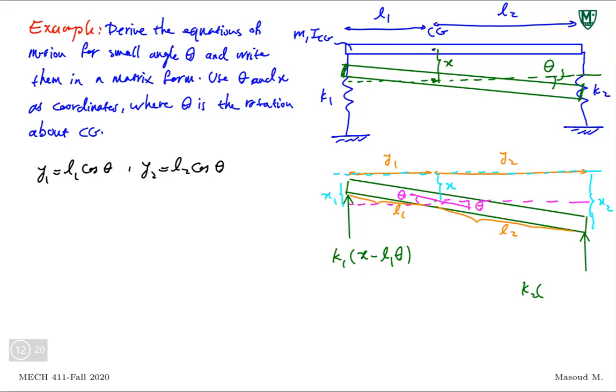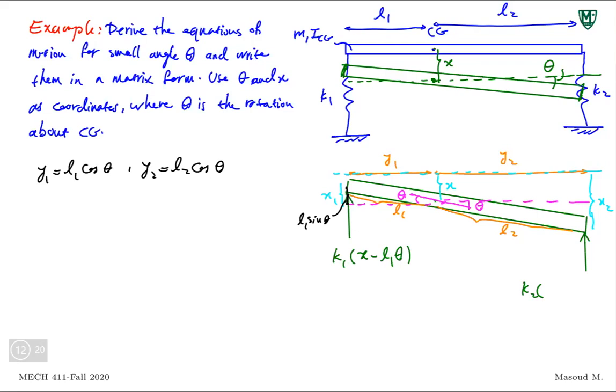L1 sine theta. So the final position would be X minus this amount, L1 sine theta. And theta is small, so I can take sine theta as theta.